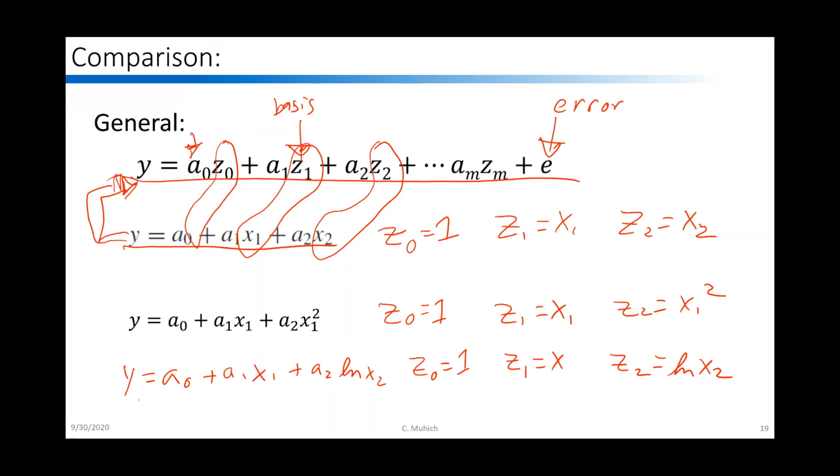So let's do maybe a counterexample. If I had y equals a0 plus a1 natural log x times a2, this I can't do, or maybe even better yet, x times natural log of x to the a cubed. We're now getting into trouble here. So let's now take this base case scenario and see how we're going to implement this.